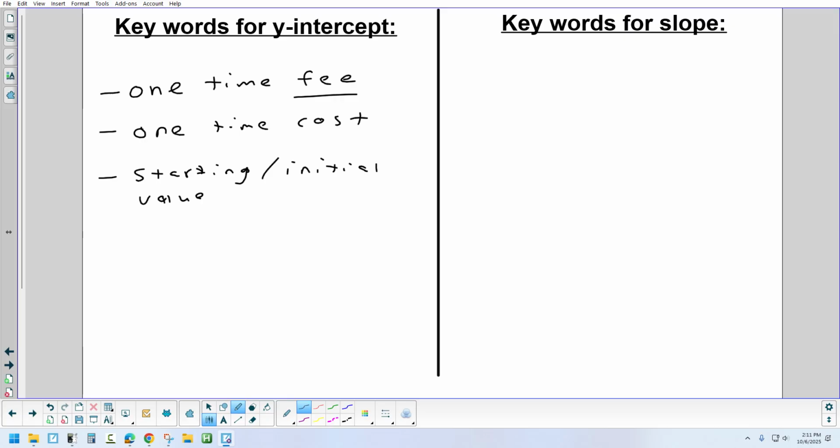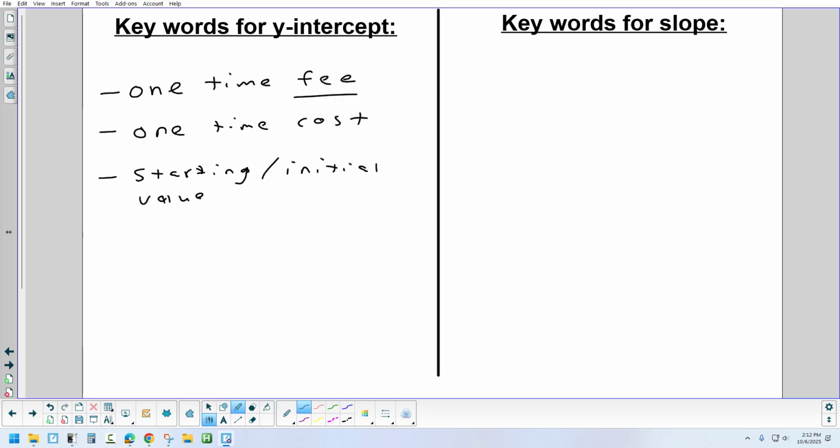Because the depth was 20 feet, and then maybe if it didn't rain all summer, the depth of the lake just kept dropping and dropping. So anytime that's an initial fee, starting value, initial value, those are all hints that they are the y-intercept.